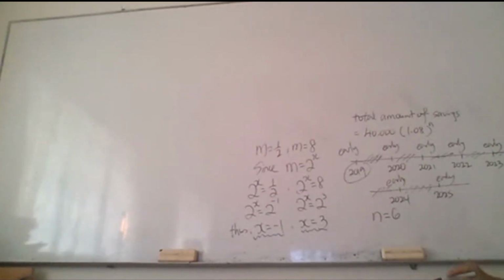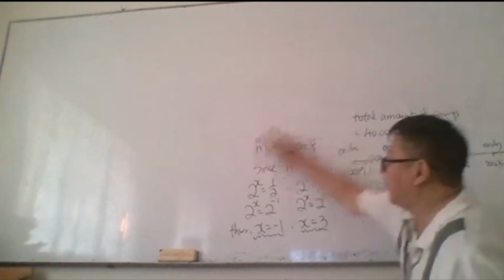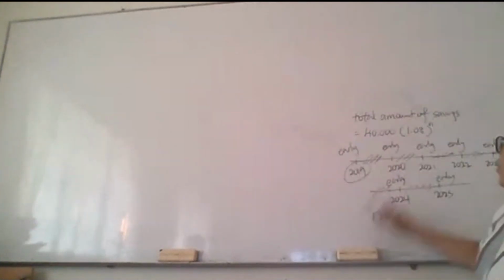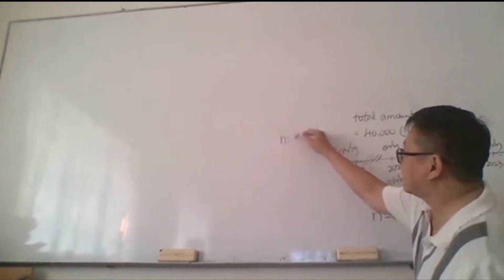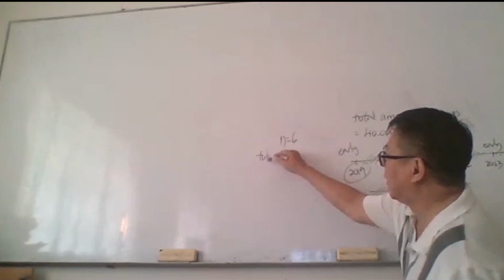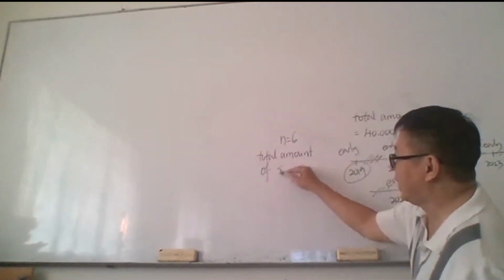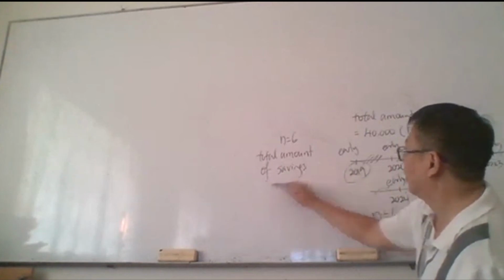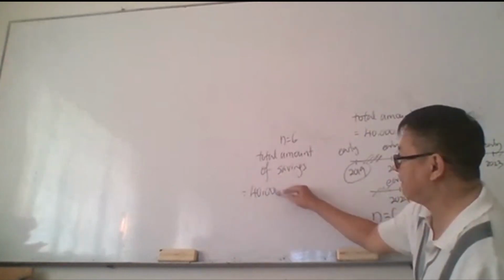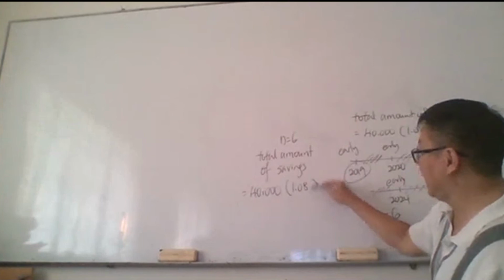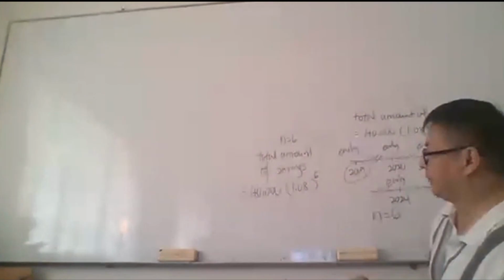Now we need to put in N as 6, so the total amount of savings will be 40,000 times 1.08 to the power of 6.